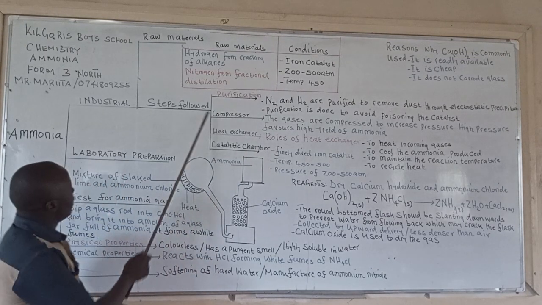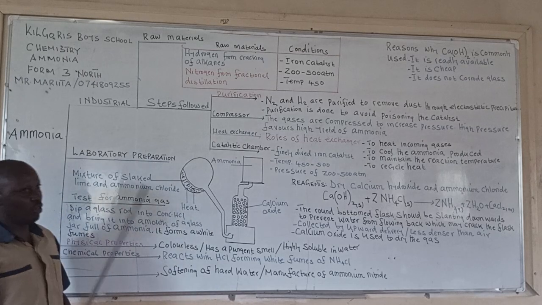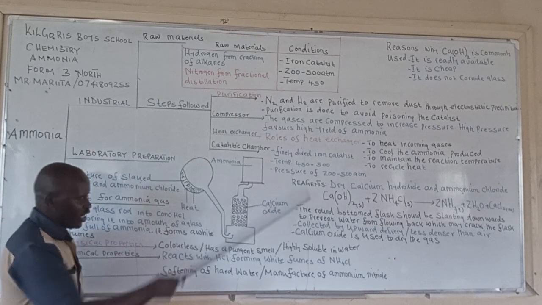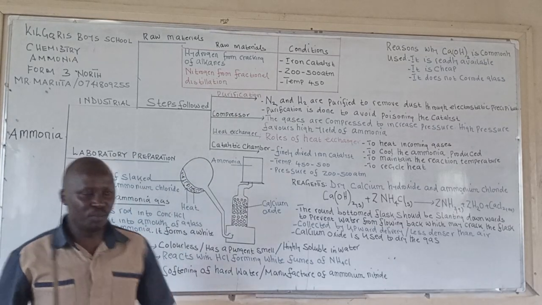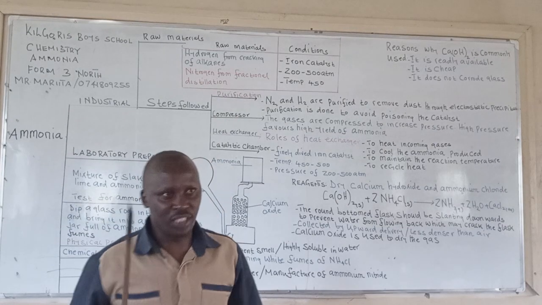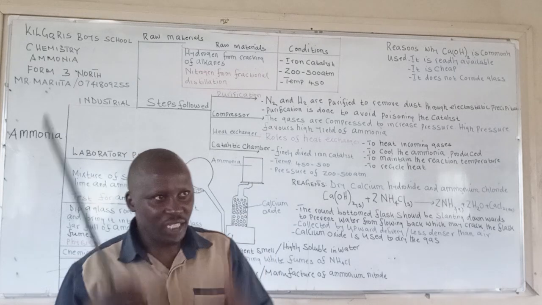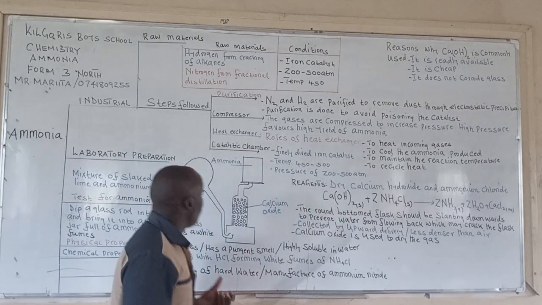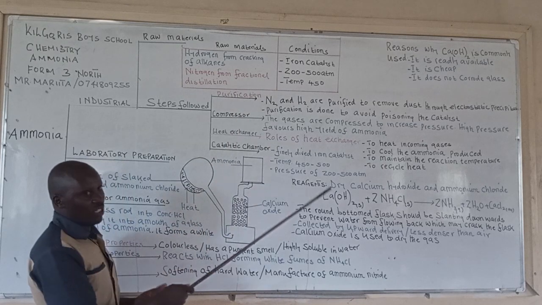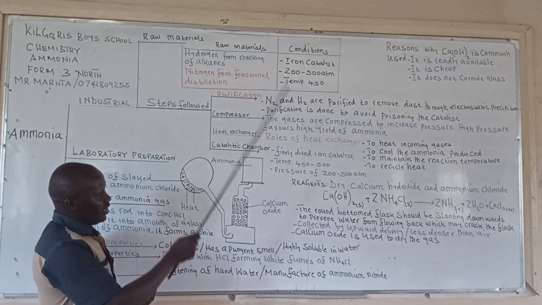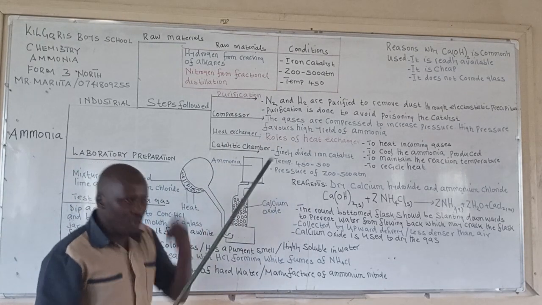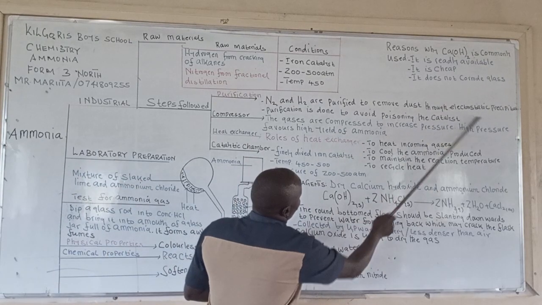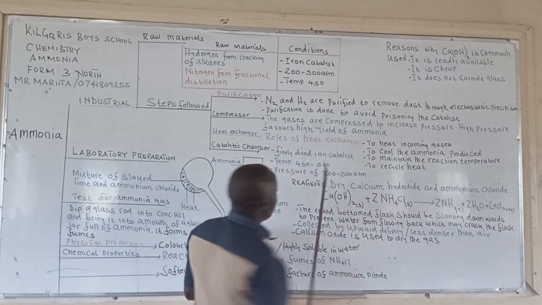Now, what are the steps followed in this industrial process? Step one is purification. Why is purification important? Purification is important to remove the dust particles and impurities which might poison the catalyst. Nitrogen and hydrogen are purified to remove dust through a process called electrostatic precipitation.